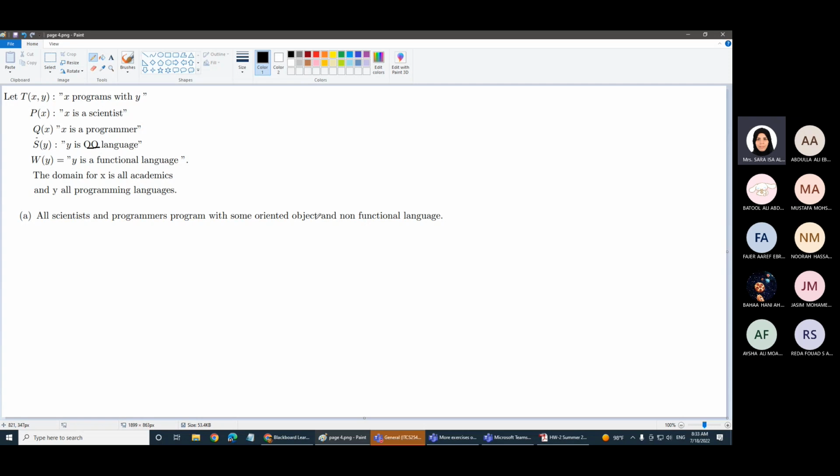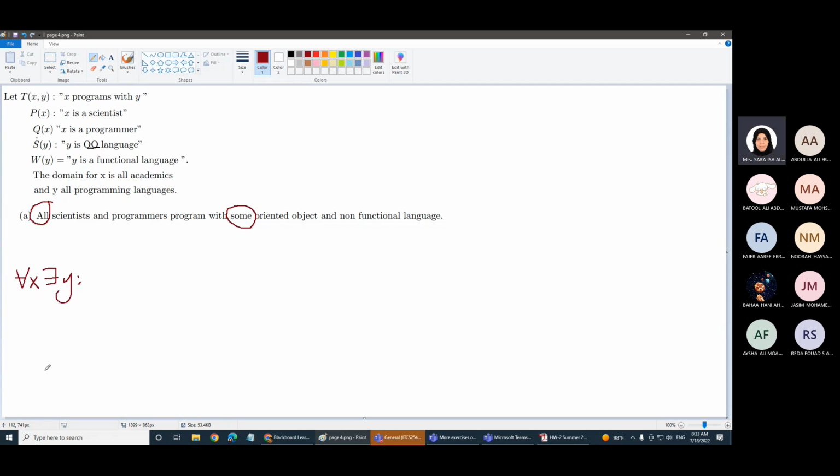Okay, object oriented and non-functional languages. All some. The first thing we have to determine the quantifier. فبحطهم for all X there exist Y.